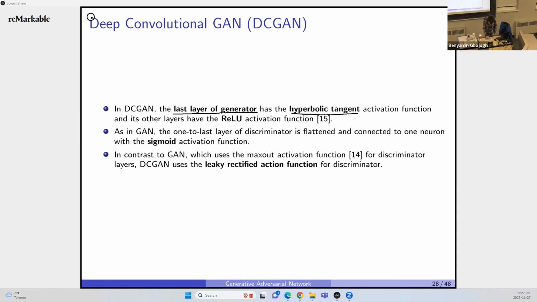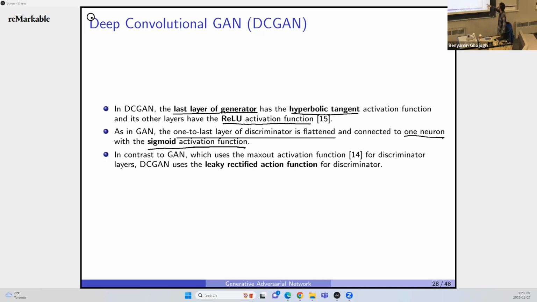For the rest, they use the ReLU activation function. Why? Because ReLU is a very good regularization technique. Do you remember? And also according to Occam's razor and the sparsity principle, this works well. As in GAN, the second-to-last layer of the discriminator is flattened and connected to one neuron with sigmoid activation function, as in the original GAN.